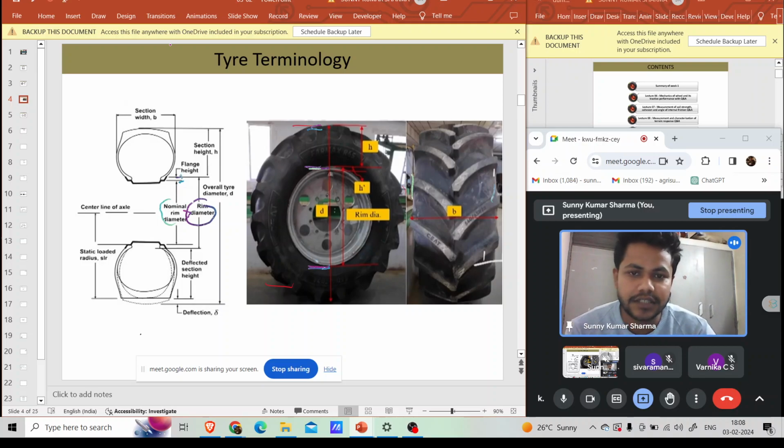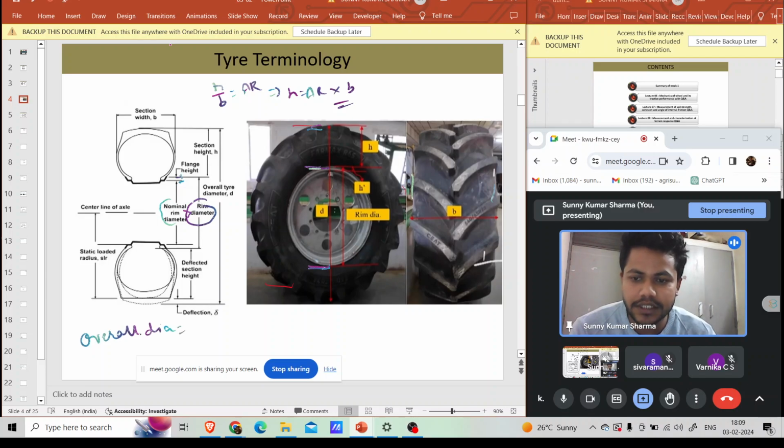For finding the section height, the aspect ratio is sometimes given on the tire, which is nothing but the height to width ratio. So section height is equal to aspect ratio into section width. In gate problems or assignments, finding the overall diameter is the main thing you need to do.